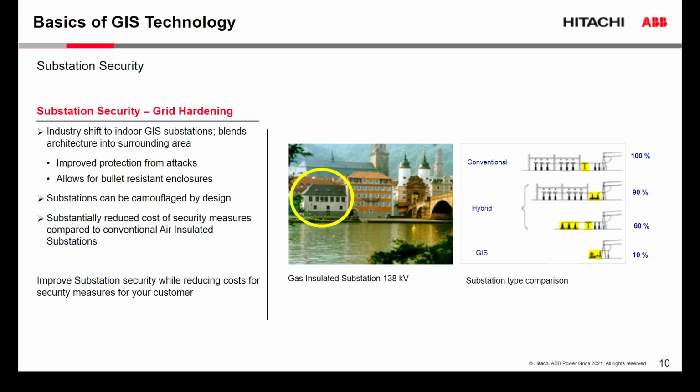What could help in that regard is blending your substation into the environment. If you look at the right picture, a typical conventional substation is shown at 100% size. The gas-insulated substation at the bottom shows with 10% of its space requirement. So we reduce the space requirement of a substation drastically.